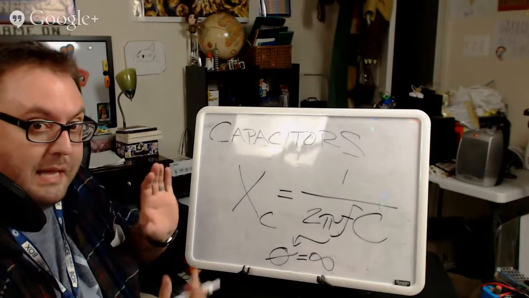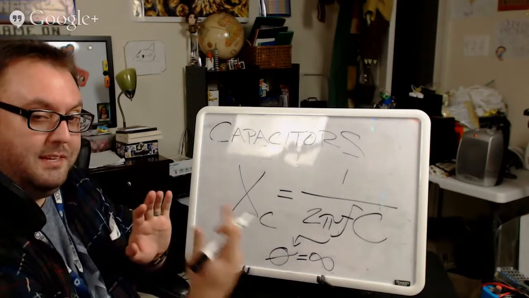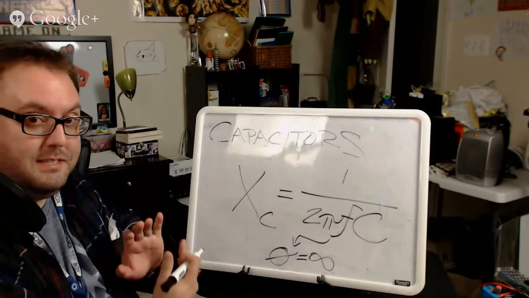That's why the capacitor blocks the DC current from coming back through our DC coupling circuit.